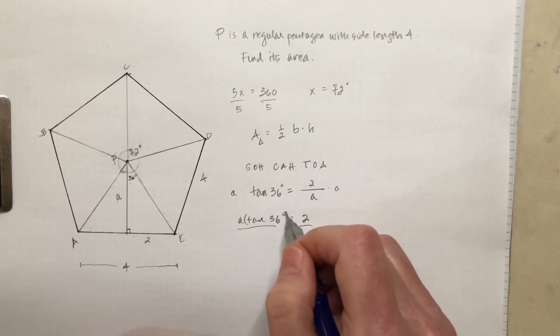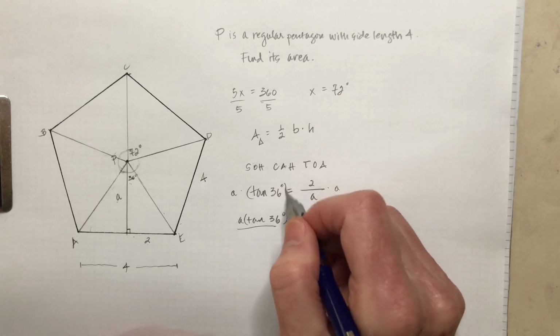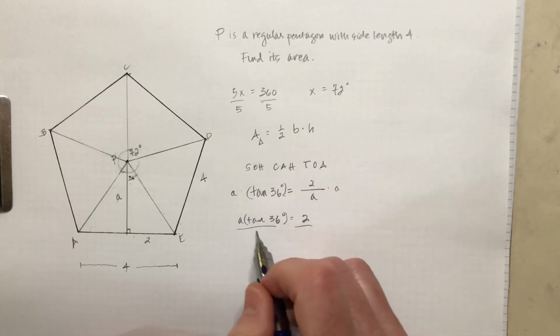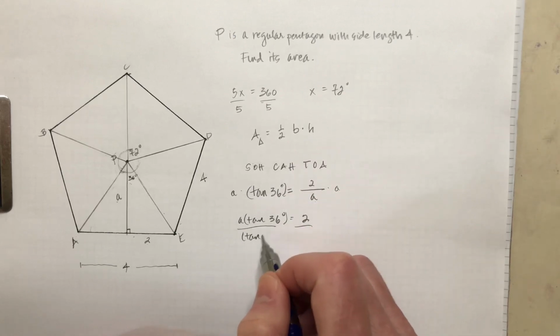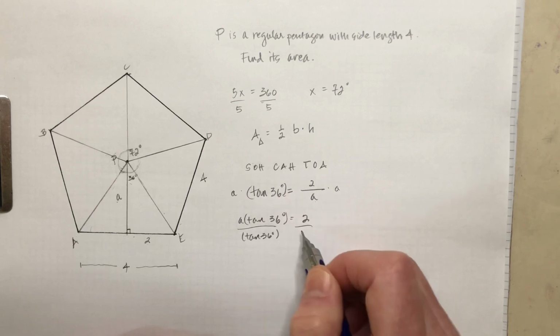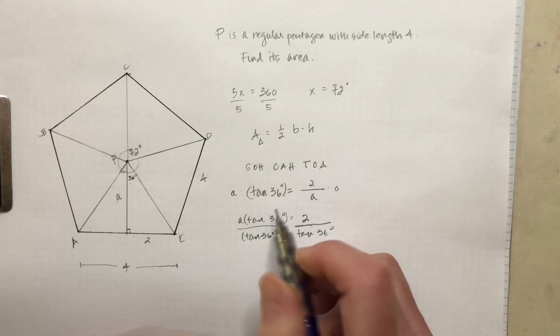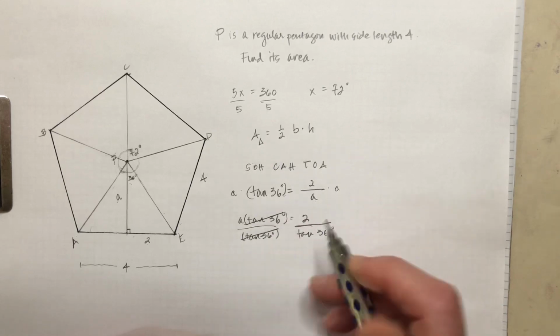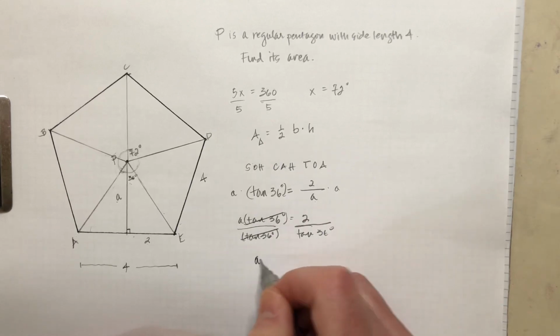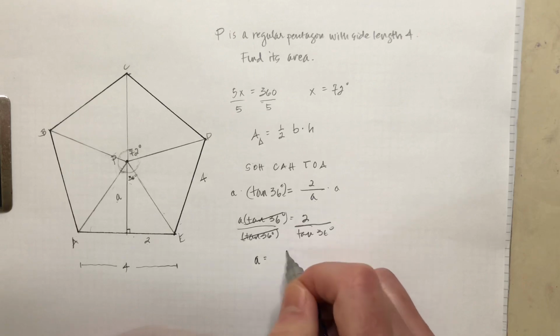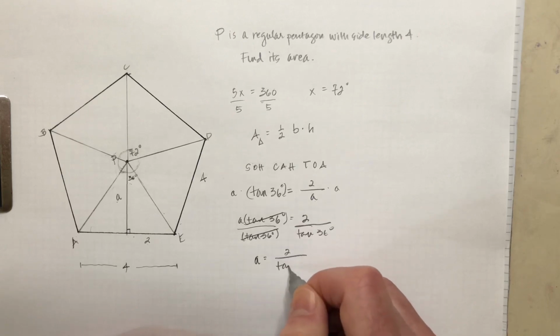Remember, when you have any of these trig functions, you have to deal with the whole thing as an entity. So that cancels with that, and we get A equals 2 divided by the tangent of 36 degrees.